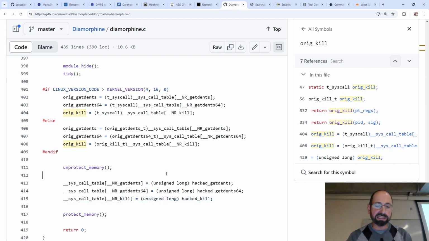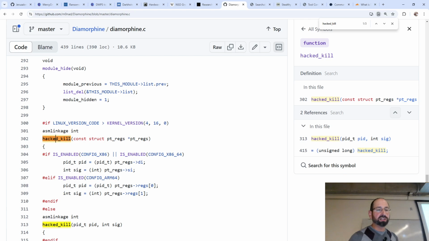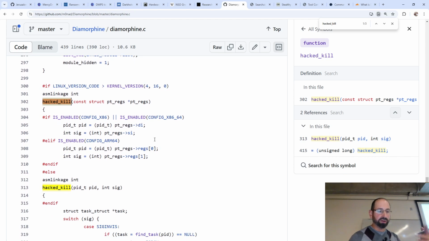This is more for proof of concept than anything. And we can see, we should be able to find in here, what is actually happening in hacked kill. It is written in that kernel-y mode that's a little bit hard to understand here. But for now, consider this just a function declaration. It takes some input registers as input and does various things.